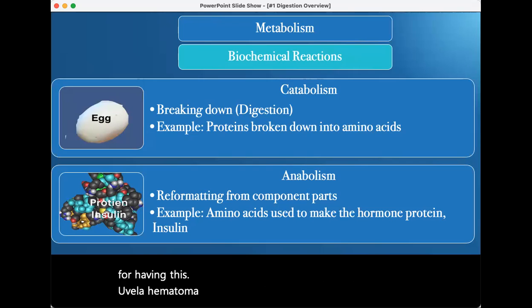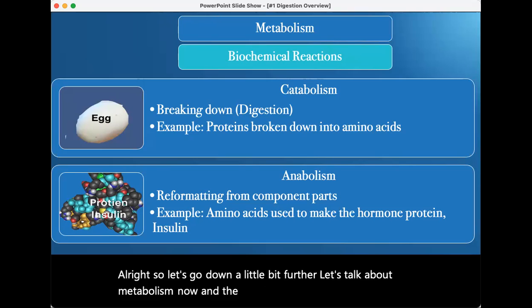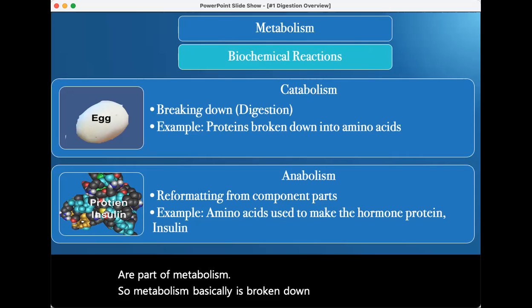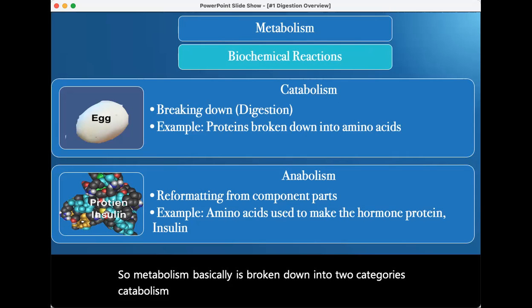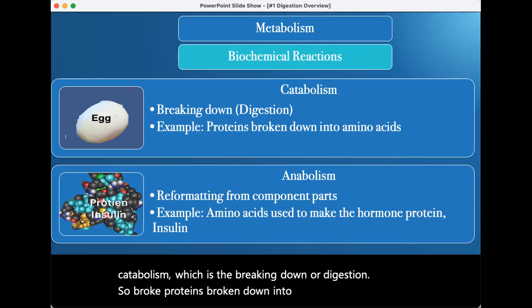All right, so let's go down a little bit further. Let's talk about metabolism now and the biochemical reactions that are part of metabolism. Metabolism basically is broken down into 2 categories: catabolism, which is the breaking down or digestion, so proteins broken down into amino acids, for example.